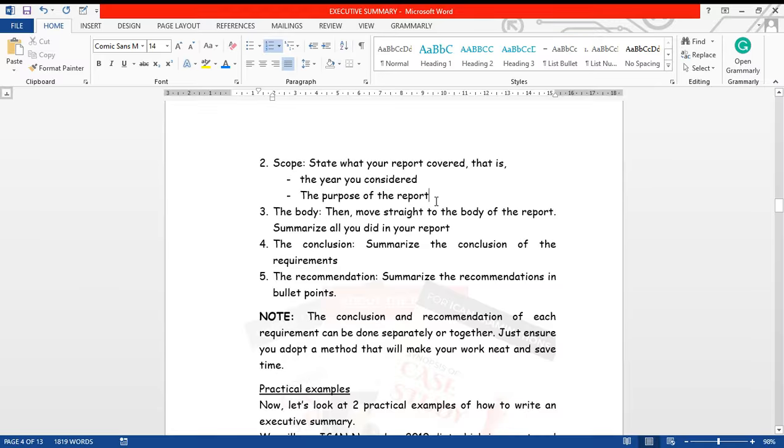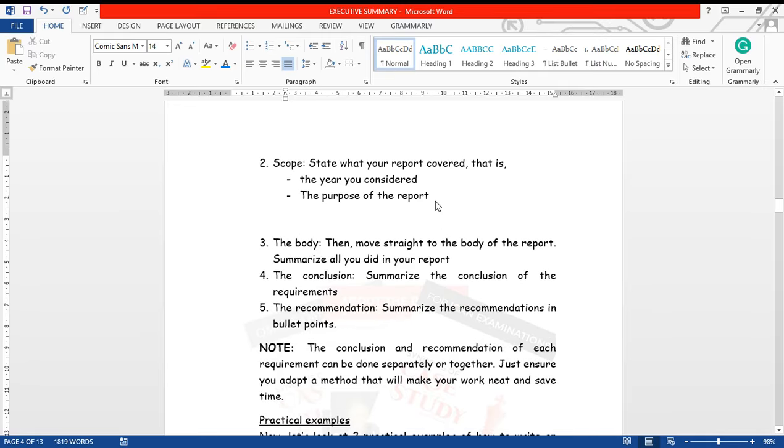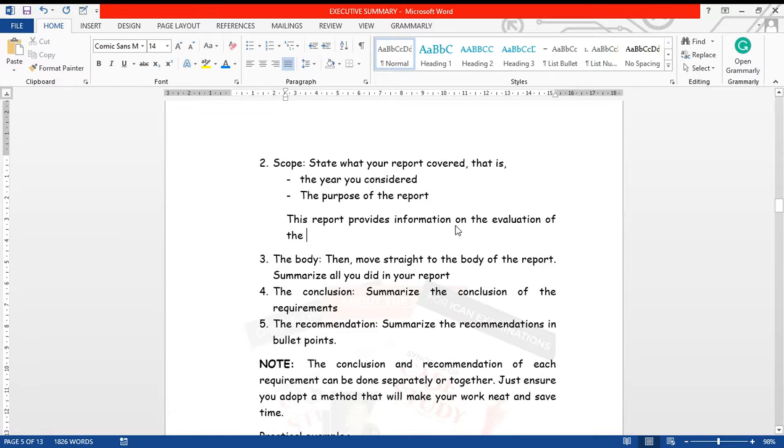So you have something like this: this report provides information on the evaluation of the management accounts from 2008 to 2010. Do you understand? That's the year you considered.